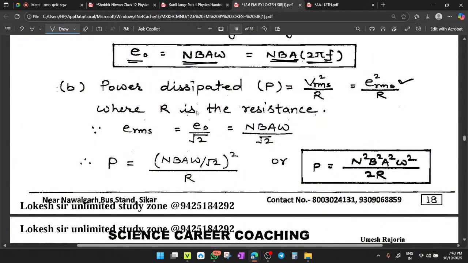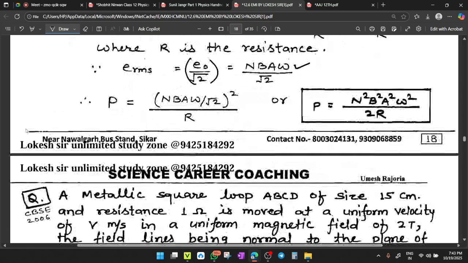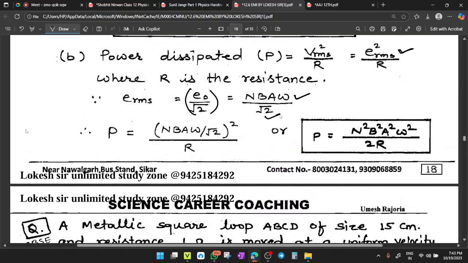Okay, so place here ERMS square by R. Now ERMS equals E naught by root 2. We already have the relation for E naught: E naught equals NAB omega. So place here the value: P equals ERMS whole square by R. P equals V square by R, and the RMS value is taken here.